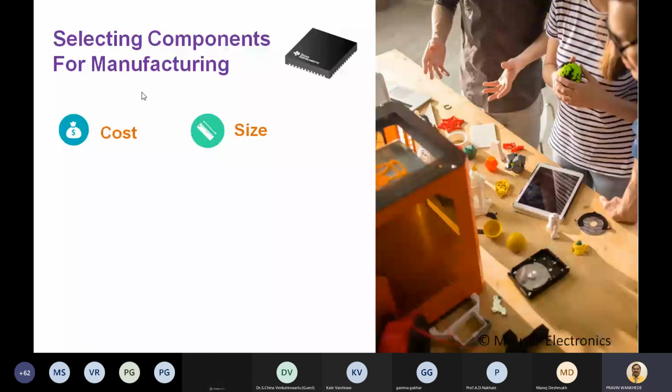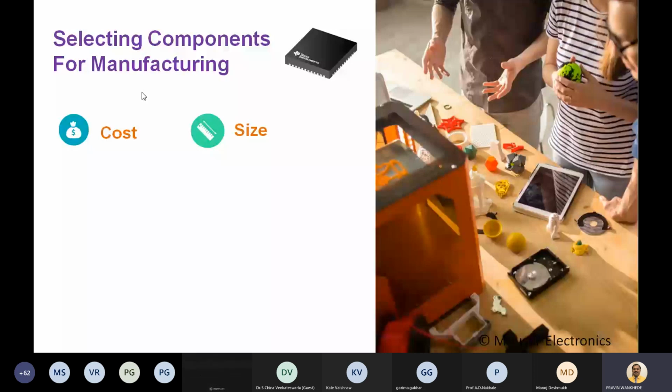Okay. So you have to take a trade-off. If space is always constrained, then obviously you have to go for components which are of lesser size. Right? But if space is not a constraint that prevents you from using the large component, then you should go with the larger component packages. Okay, remember that.